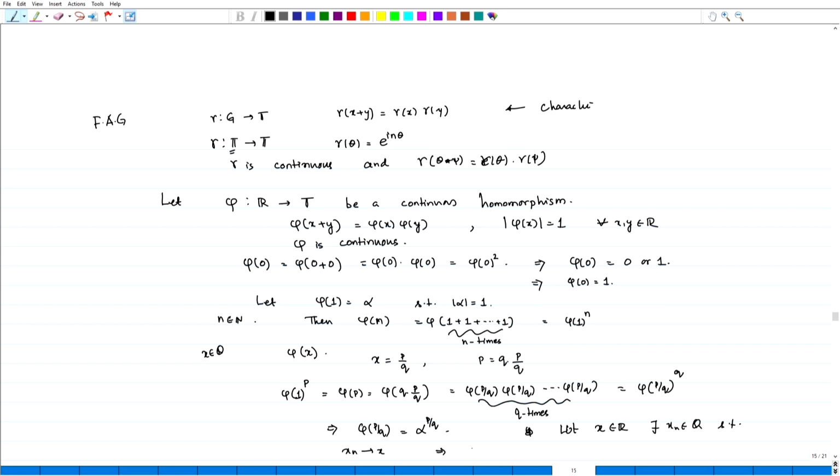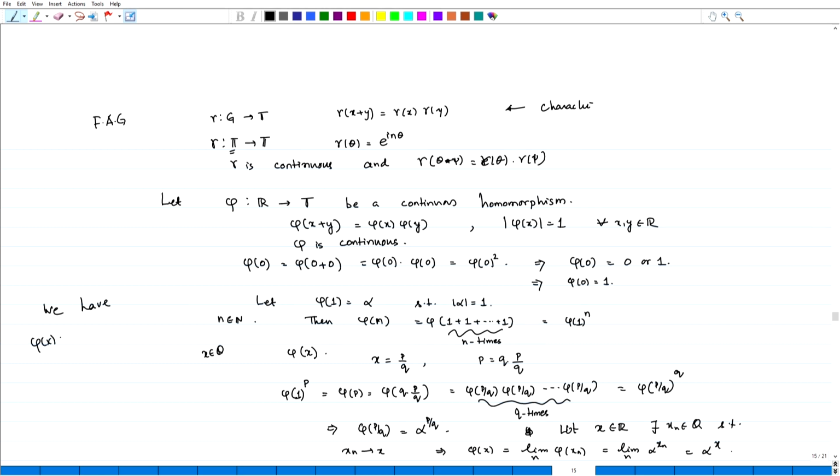This implies that phi of x is equal to the limit of phi of x n, which is equal to the limit of alpha to the power x n, which is nothing but alpha to the power x, and alpha has modulus 1.